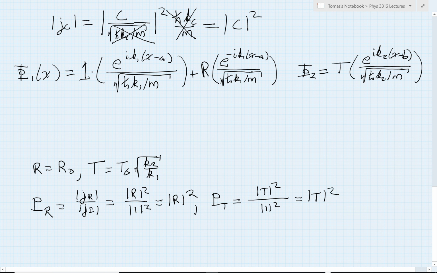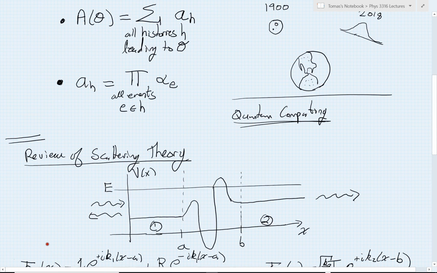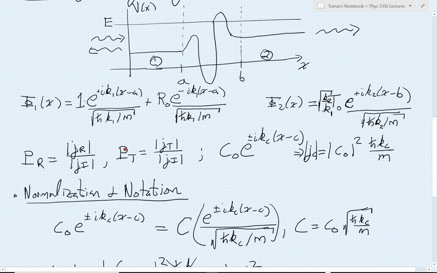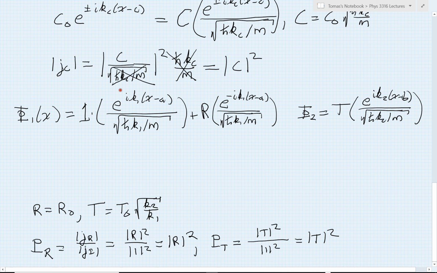So, by using this new normalization convention for what we mean by a pure momentum state, we've aligned things properly so that my reflection and transmission probabilities are nothing other than the squares of the corresponding amplitudes. And our job then turns out to be, just as in the Feynman framework, right? We now have exactly the same formula for the probabilities. Our job is to determine how to calculate these amplitudes, how to calculate the r and t.